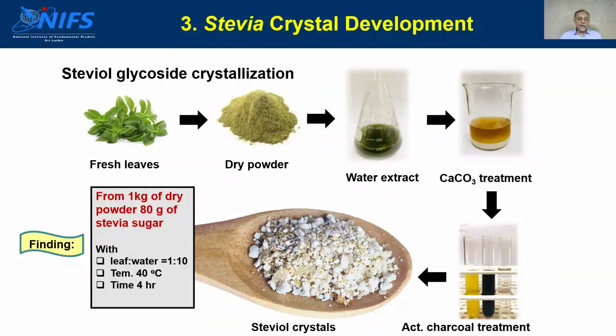The leaf to water ratio is 1:10. We need to maintain the temperature at about 40 degrees Celsius for 4 hours for crystallization, so that we can collect steviol crystals, which can be used as a sugar substitute for diabetic patients.